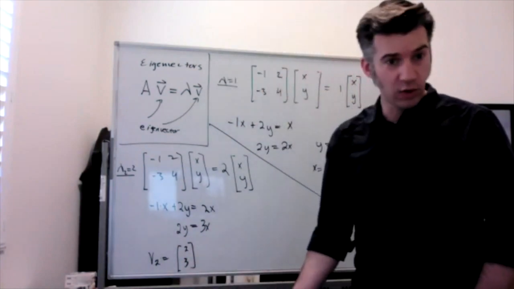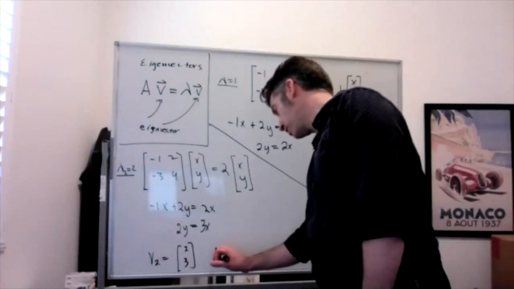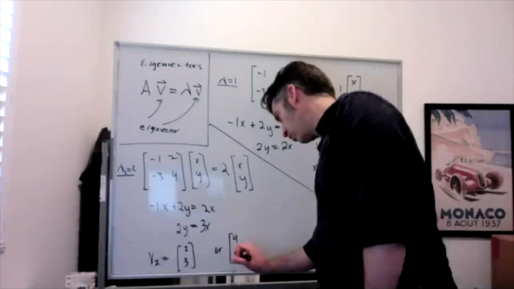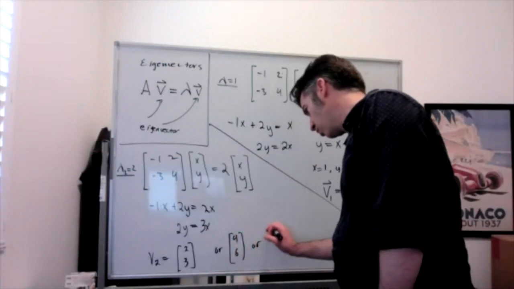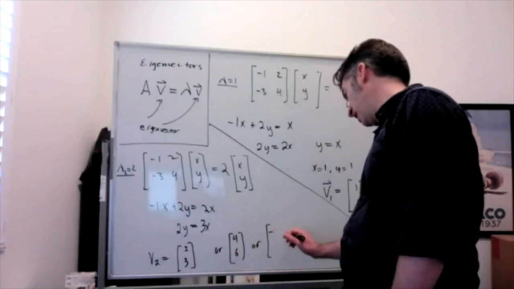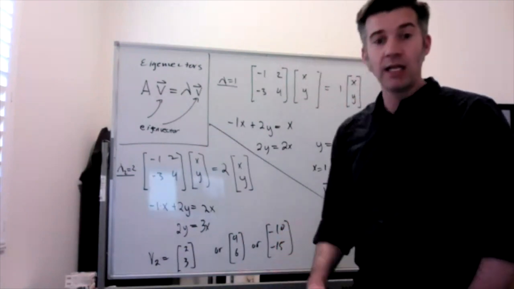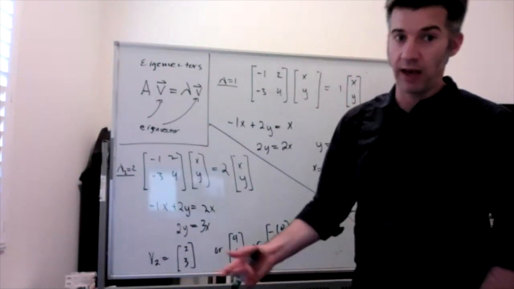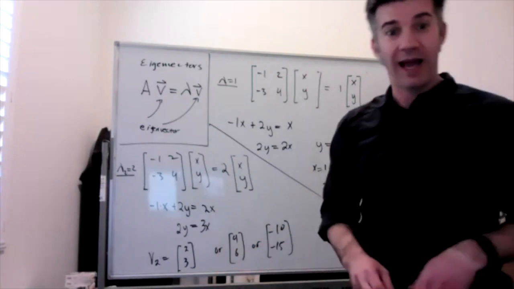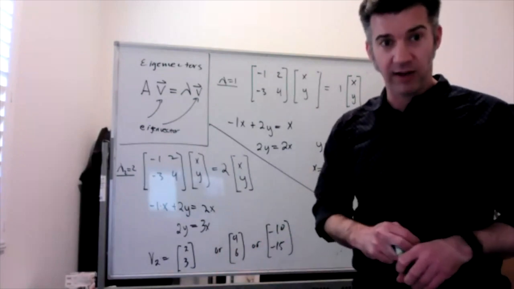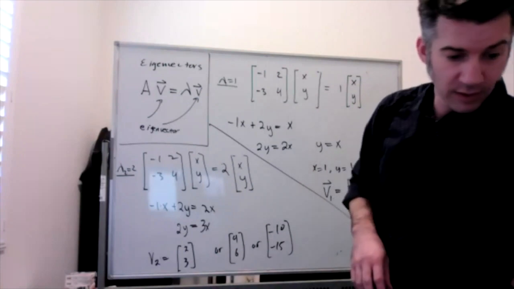You can make other choices. You could have picked (4, 6), or (-10, -15). Any non-zero multiple of an eigenvector is also an eigenvector for that same eigenvalue.